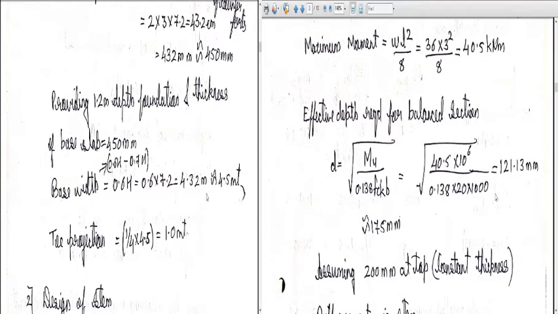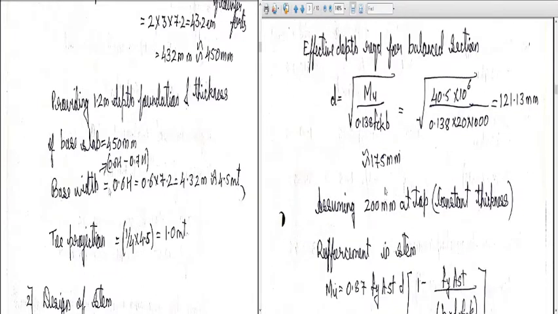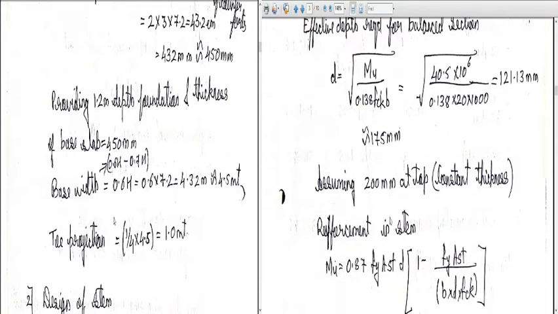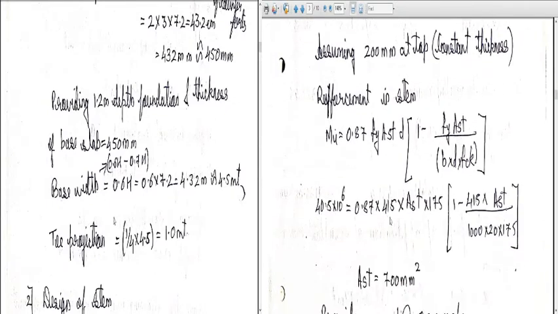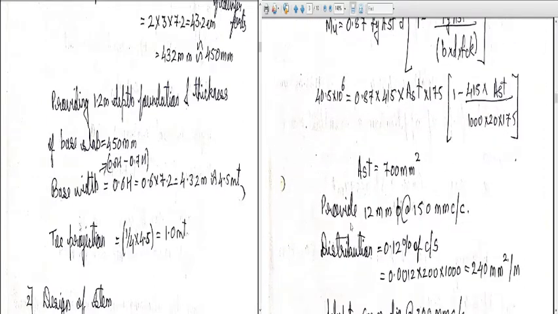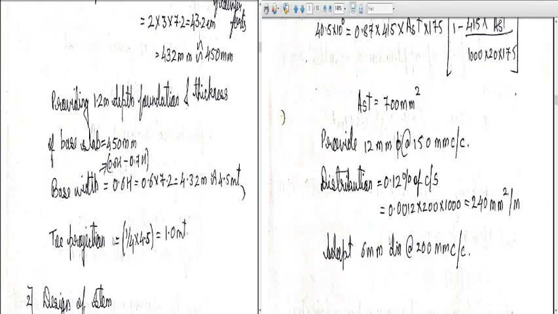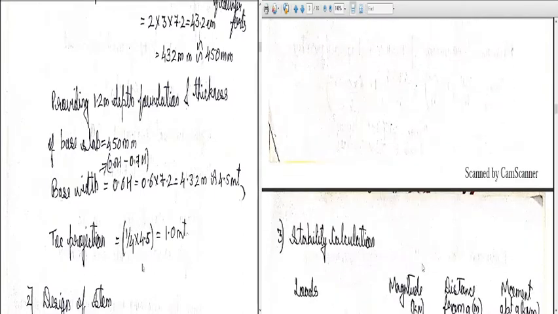The required depth we computed as 175 mm, so we assumed 200 mm at the top and kept it at constant thickness, whereas when we designed the cantilever retaining wall, we kept it as a tapering section. Using the moment, we computed the Ast and provided 12 mm diameter bars at 150 mm center to center and distribution bars of 6 mm diameter at 200 mm center to center.